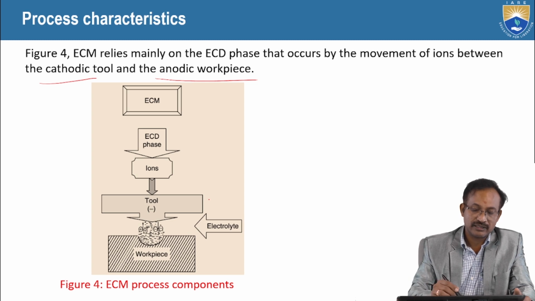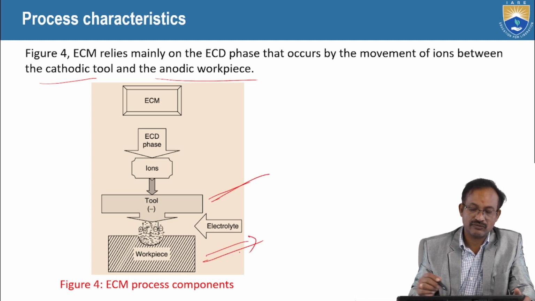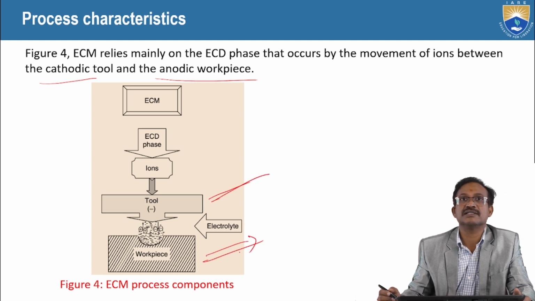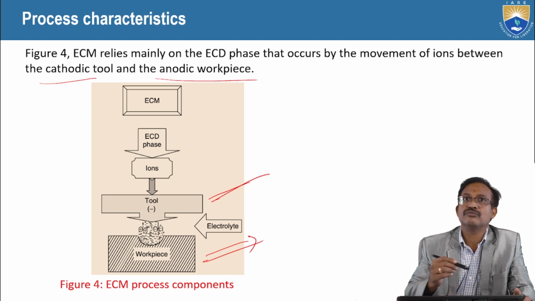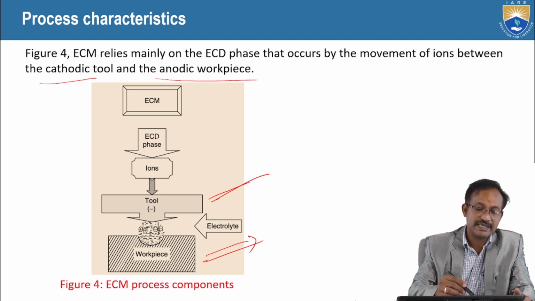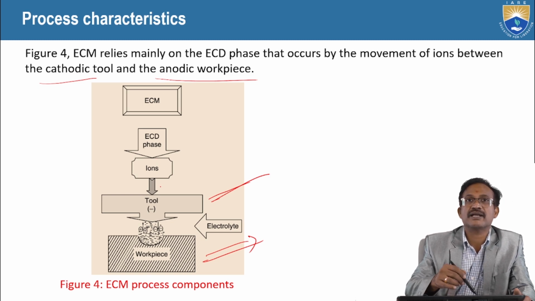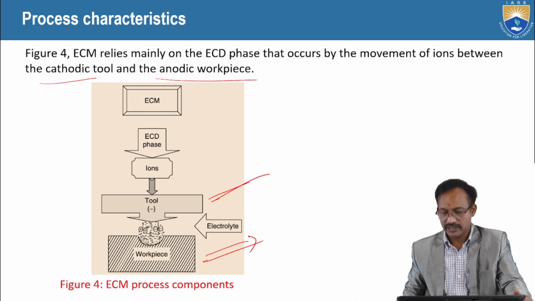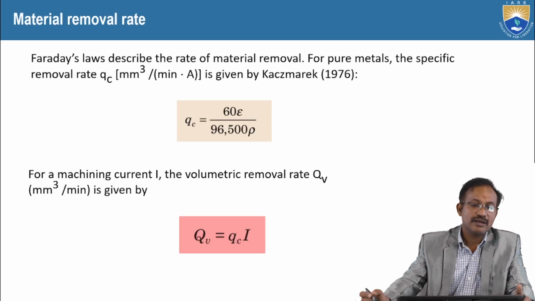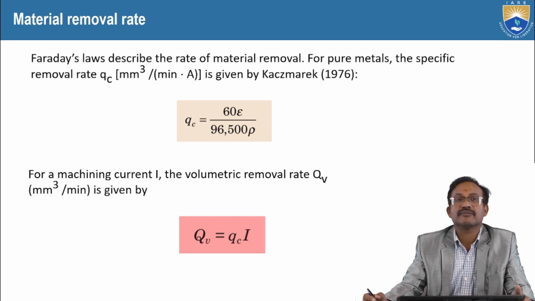So here the cathodic tool and anodic workpiece, and electrolyte is passing between the gap of tool and the workpiece. So here ECD phase. So this causes making ions and those will impact on the tool.